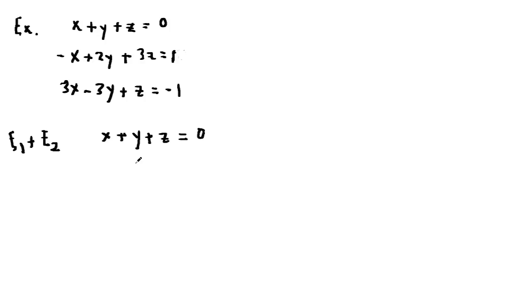Now we're going to replace that second equation by taking the result of adding the first equation to the second equation. So we'll get 0x plus 3y plus 4z. That third equation just stays the same, so let's rewrite it down here.